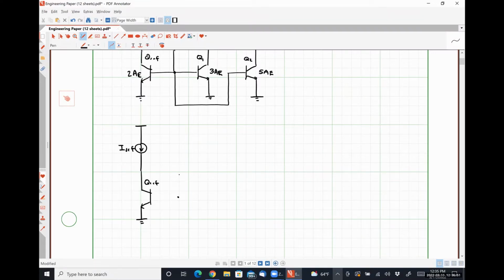And then what we're going to have is a transistor right here. It's also going to be an NPN. So this whole thing up top is now VCC. I'm going to call this guy QF for follower. And then the rest of the circuit is literally going to be exactly the same as what we had.